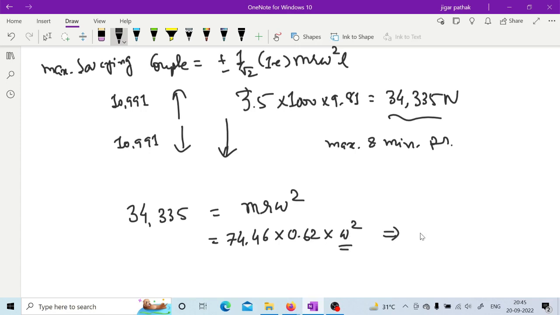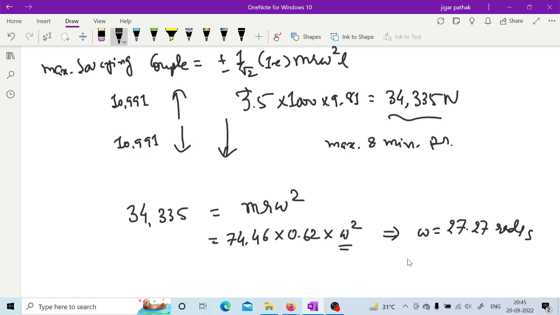So omega will be 27.27 radian per second. If we go beyond this speed, then this hammer blow component will try to lift the locomotive. That is the important thing.